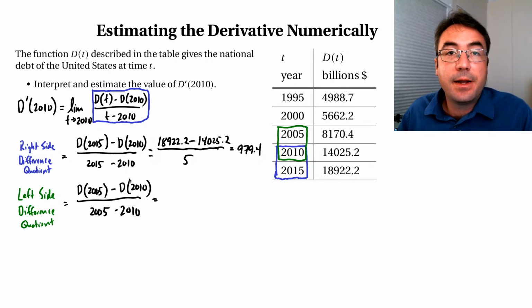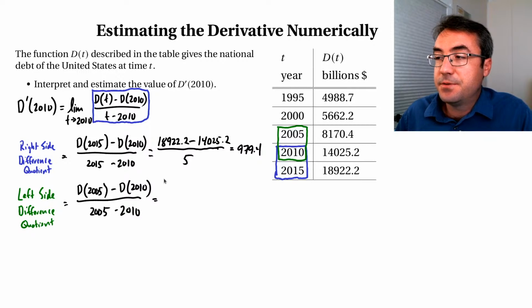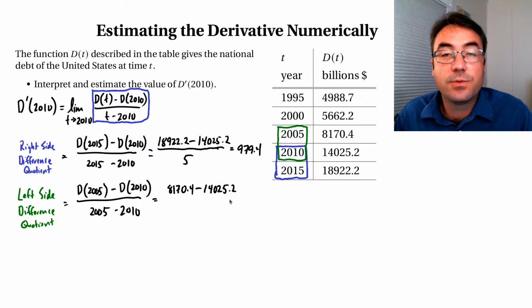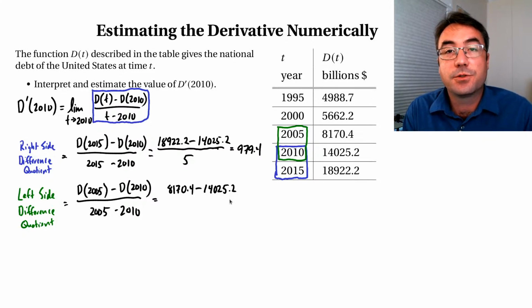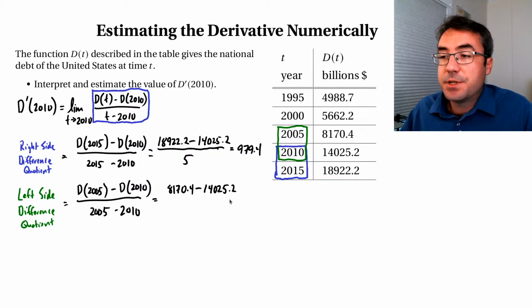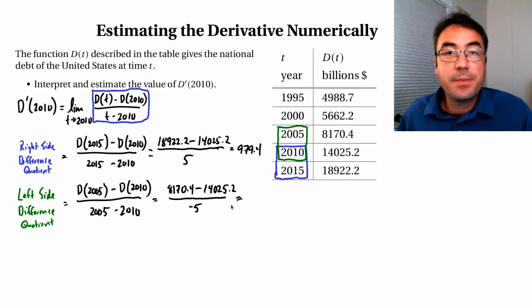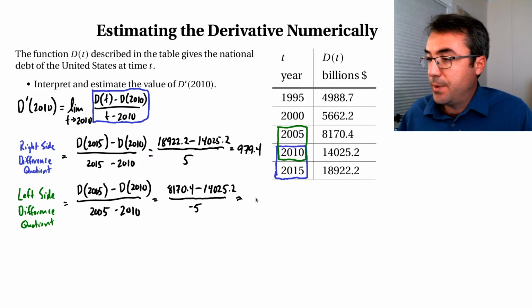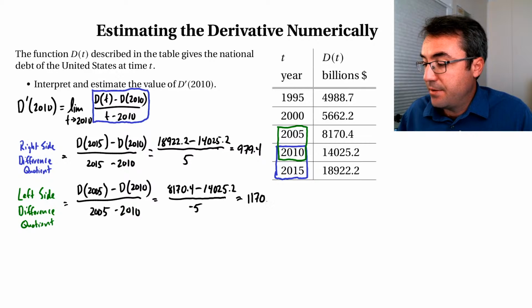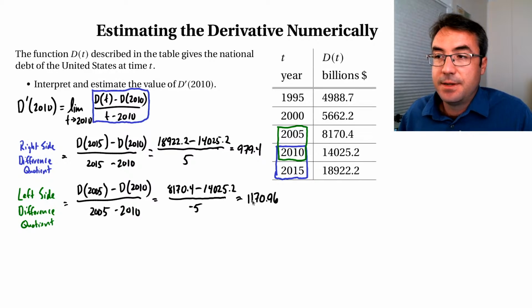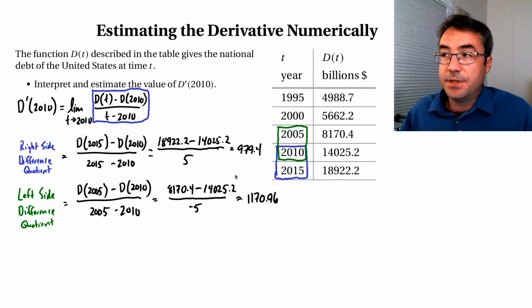We look those values up on our chart. For 2005, when we plug it in, we get 8,170.4, and then the same value we saw, 14,025.2 for the year 2010. Doing the subtraction in the denominator, we get -5. Then if we do our arithmetic here, we end up with 1,170.96. Clearly, you would need a calculator to do these calculations, but these are actual numbers.